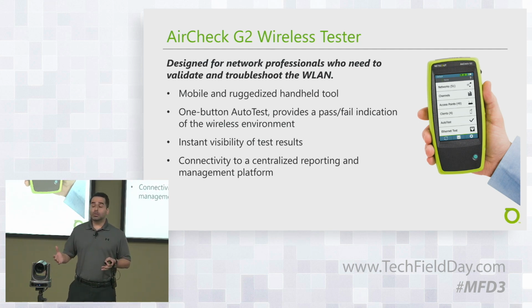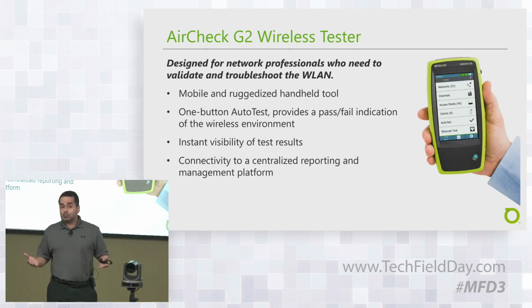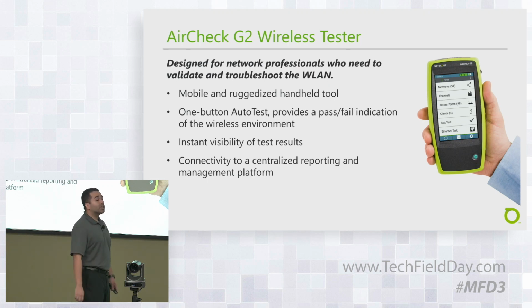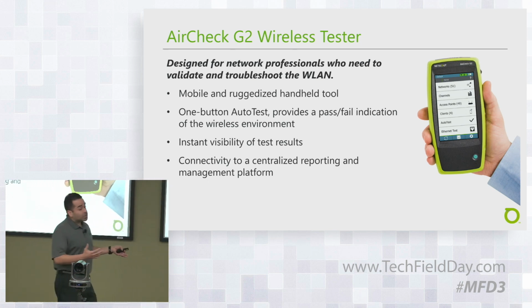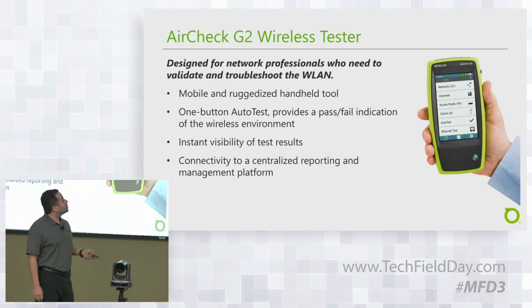So you can use it to troubleshoot different problems on the Wi-Fi network, or you could use it to validate a Wi-Fi network too. And it's a mobile, ruggedized device. It's a handheld. You carry it around with you. It's about the size of a phone, a little bigger than that.